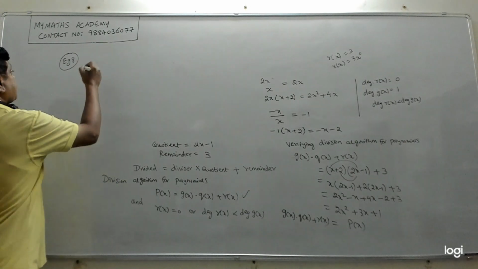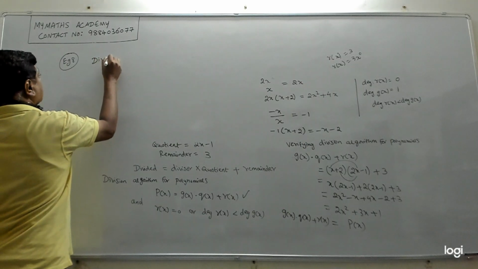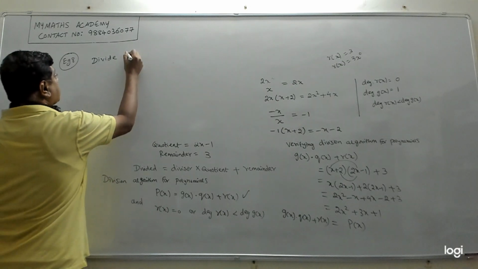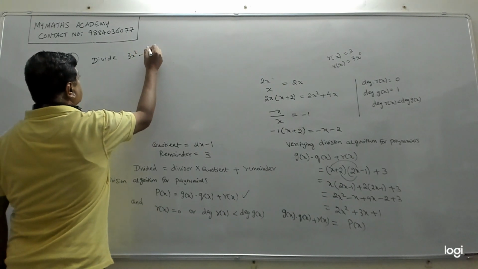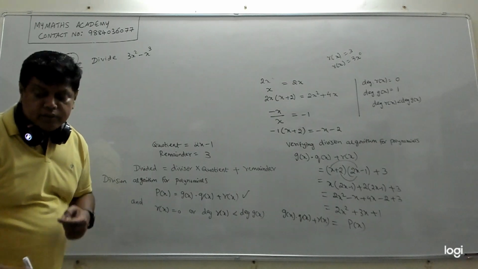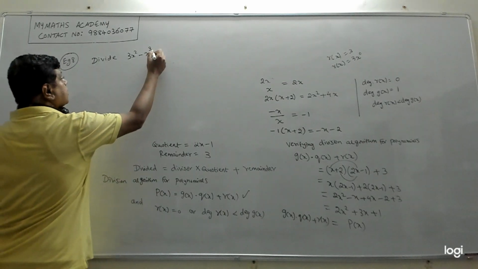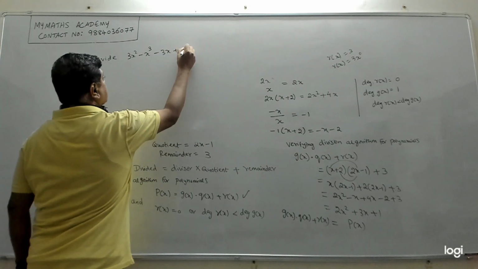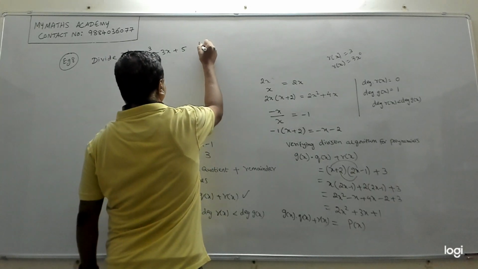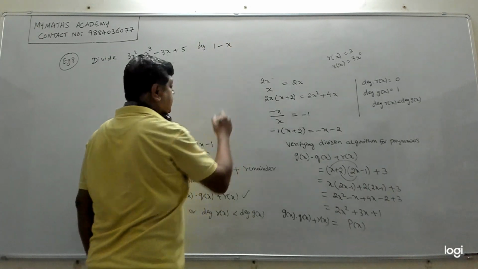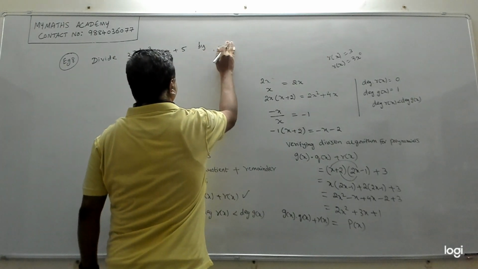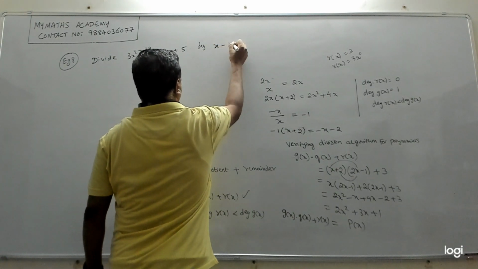The question is: divide 3x square minus x cube minus 3x plus 5 by x minus 1 minus x square.